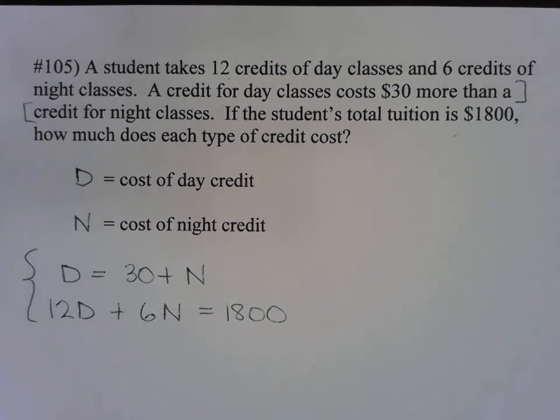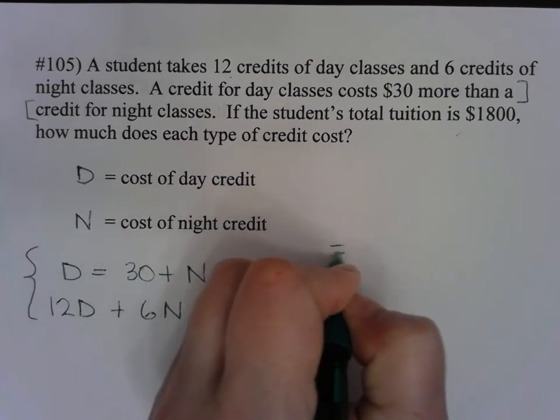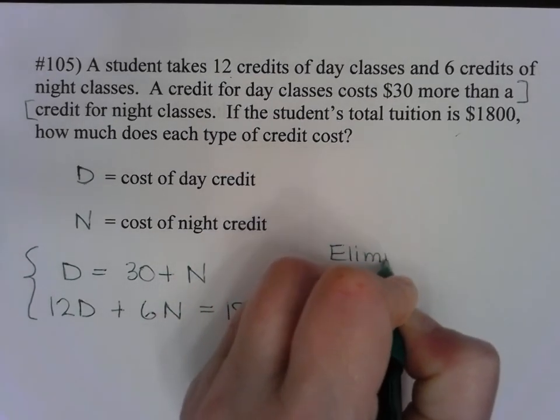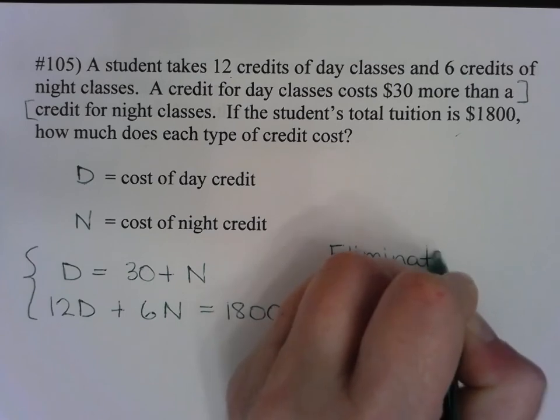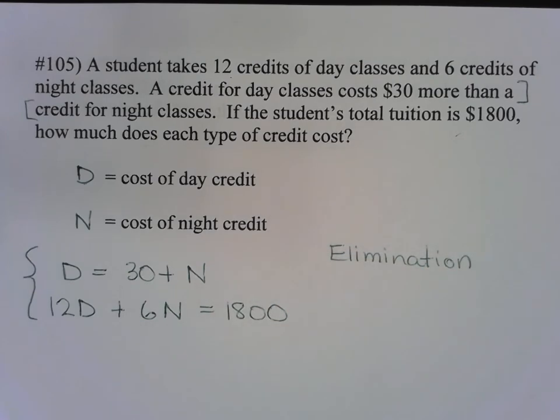All right, so this would be a good system to solve now, right? Let's try elimination and talk about what we would need to do to set this up for elimination. Although, in all honesty, it is kind of set up for substitution. So if you would rather do that, go for it.